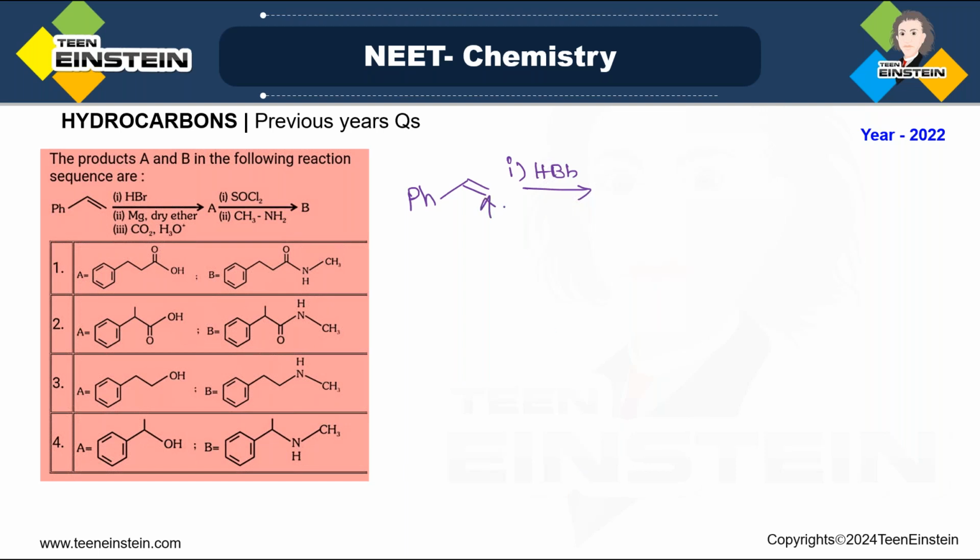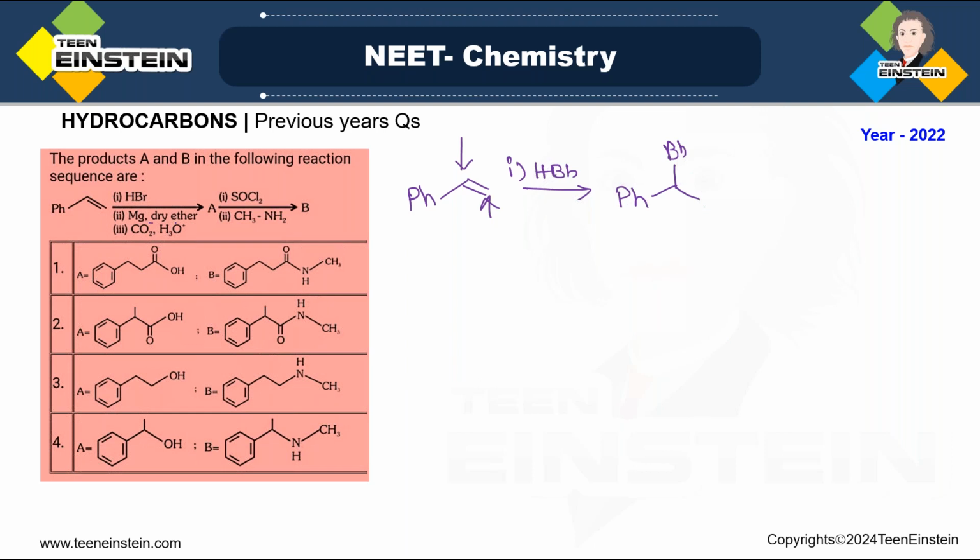So when you add hydrogen to the terminal position, you get positive charge at the carbon which is next to Ph. And positive charge next to Ph is very stable because this positive charge can take part in conjugation with the double bonds of the benzene ring. So that is the reason Br will be added to the next position of Ph. And that is also according to Markovnikov. So this is the product you will get.